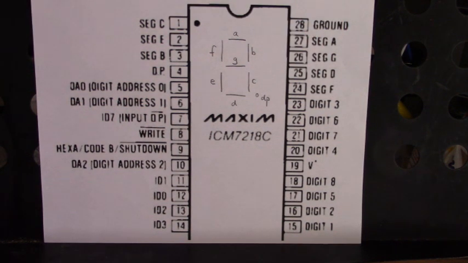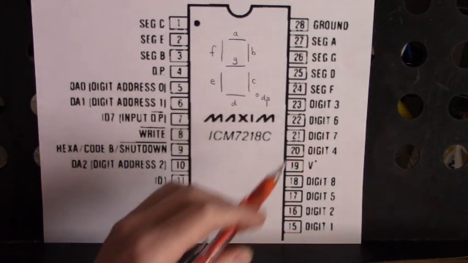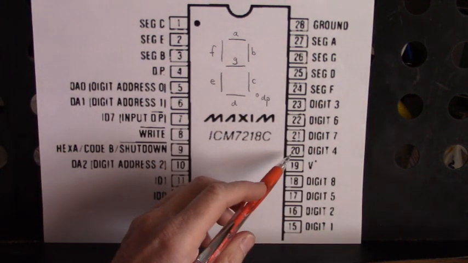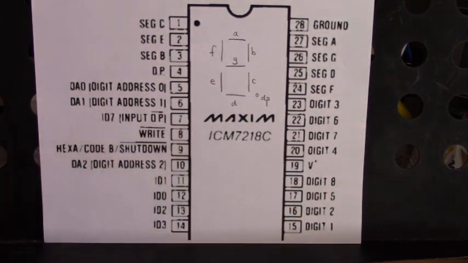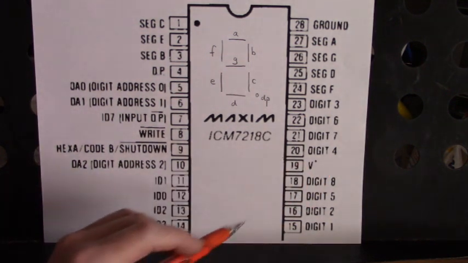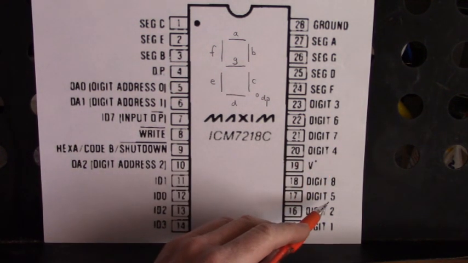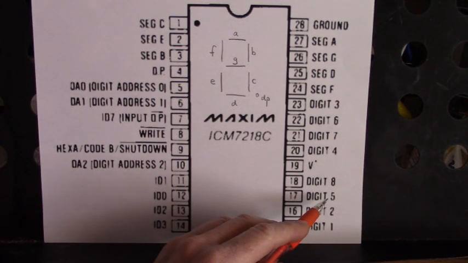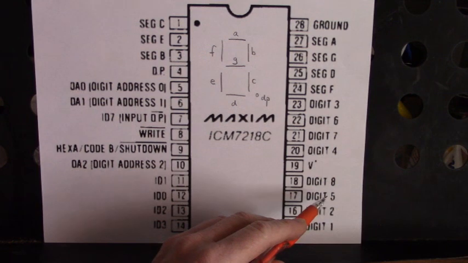Common anode connected to these digit pins. Here's digit 4 on pin 20, the common anode of that 7-segment display tied to pin 20. On 17, there's digit 5, the 7-segment display's common anode of that 7-segment display.